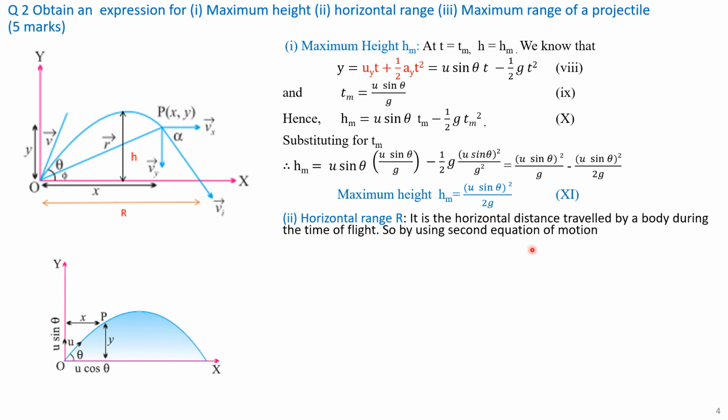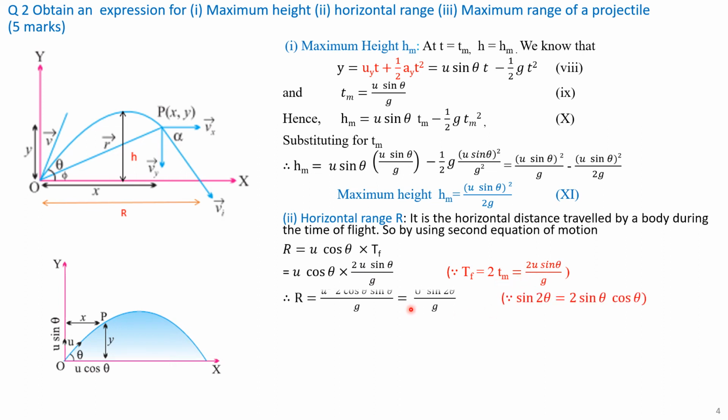So by using the second equation of motion, we get R is equal to ux into t, that is u cos theta into Tf. We have found the time of flight, we know that Tf is equal to 2 times Tm, that is equal to 2u sin theta by g.